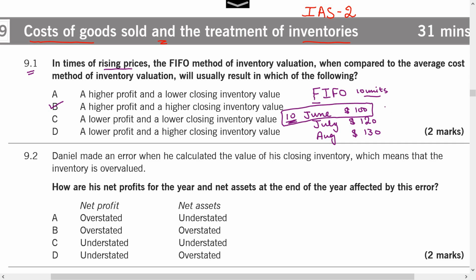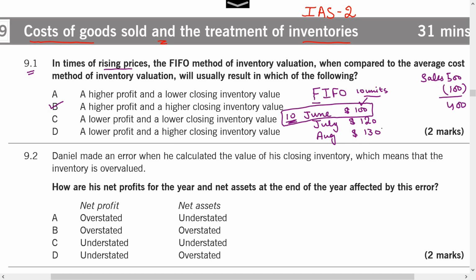Now that means, let's say our sales were $500. If we use inventory of this date, then as a result we will get a profit of $400.